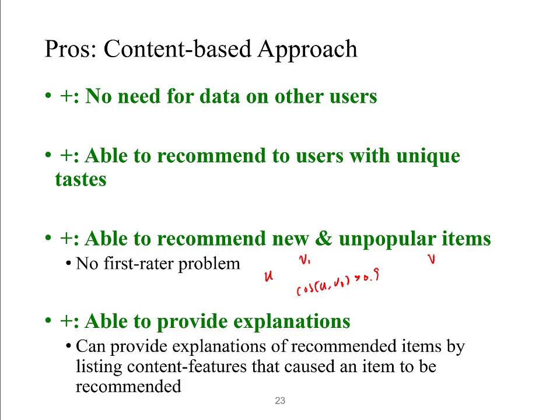And if we have V2, and we know that V1 and V2 are quite similar, although V2 is new, we still can create the profile of V2. Say we assume that the cosine between V1 and V2 is 0.9 as well, then you can imagine that the cosine similarity between U and V2 would not be small. Actually, you can compute it, but I will skip that for today's course.